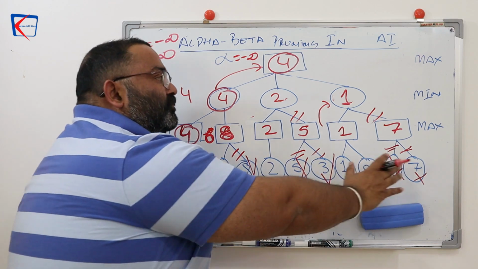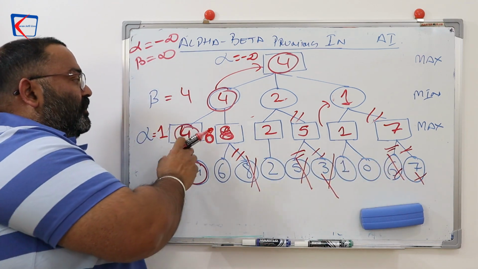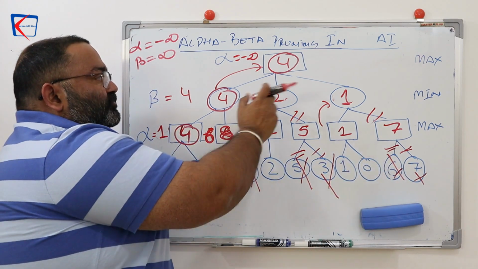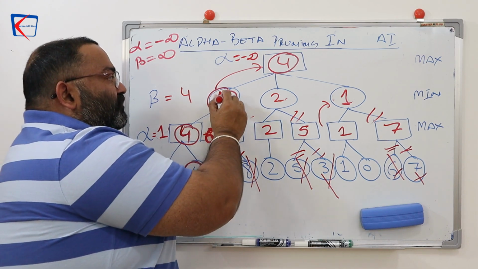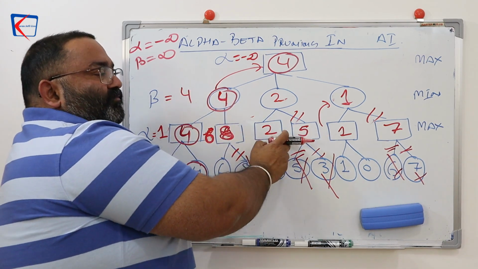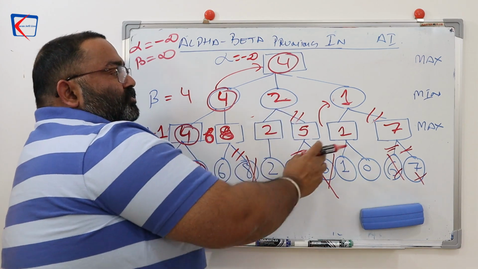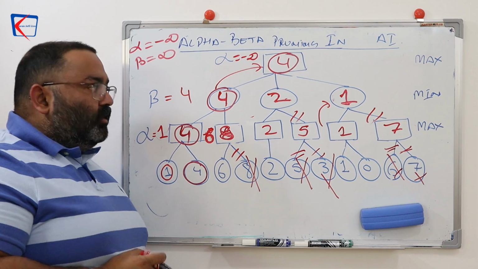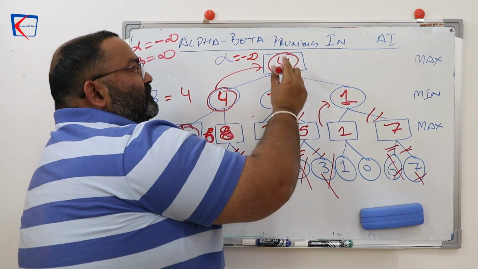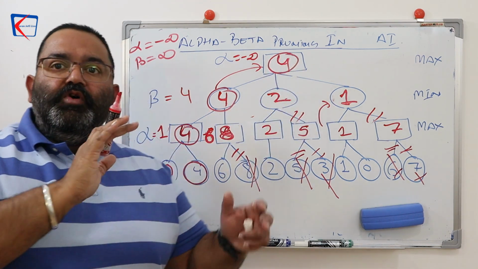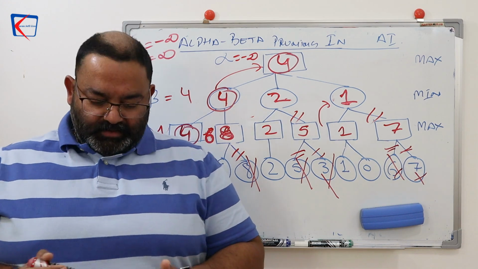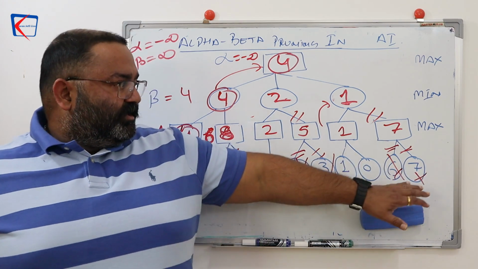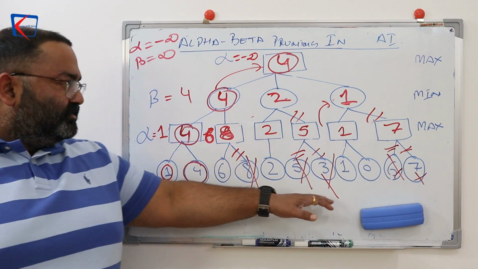Now here I explore each and every node. Between 4 and 8, this is min, which goes here is 4. Between 2 and 5, which is minimum, 2. Between 1 and 7, which is minimum, 1. Then out of these, which is max, 4. So no effect on the result, even if we do not explore these nodes.